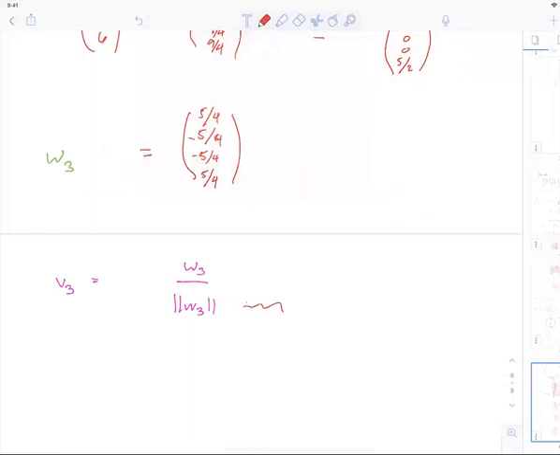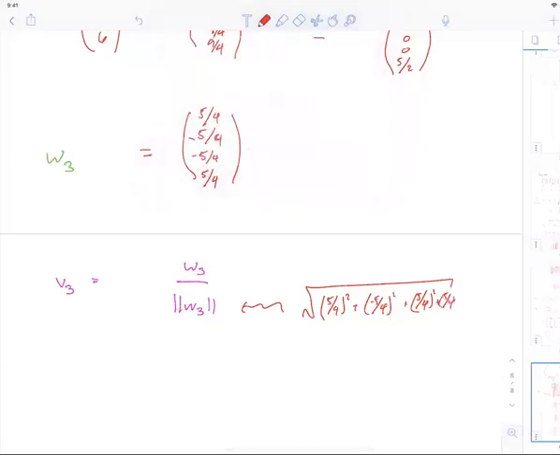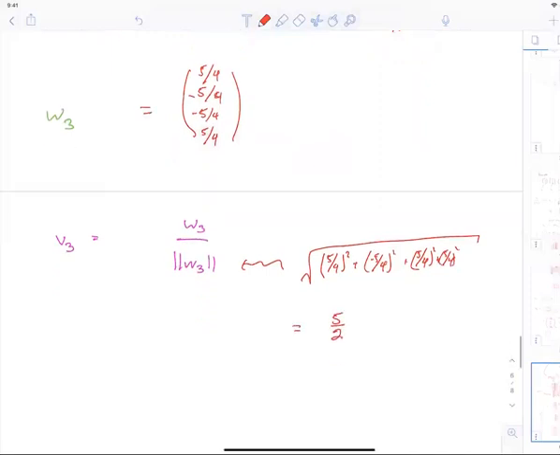So this right here is just the square root of 5/4 squared plus minus 5/4 squared plus 5/4 squared plus 5/4 squared. So that ends up being 5/2. So we're going to divide everything by 5/2.